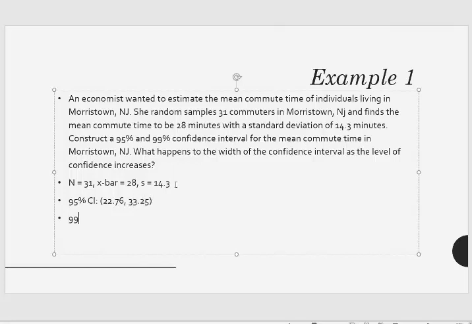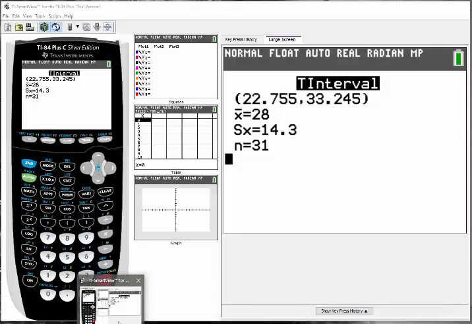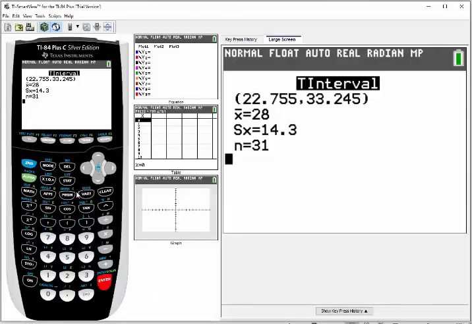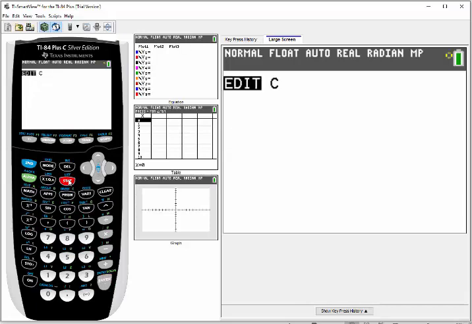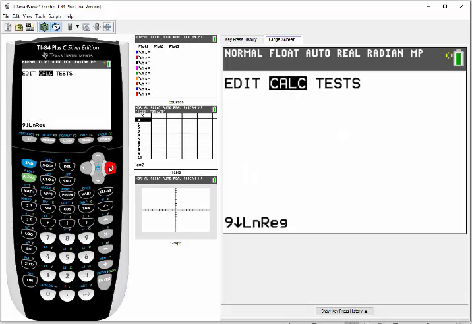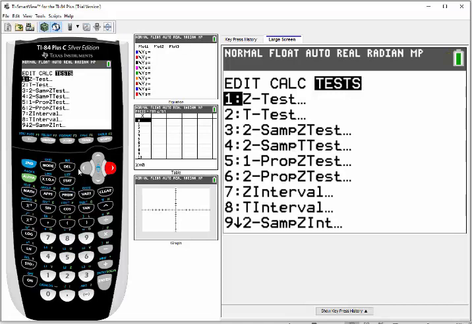Okay, now let's look at that 99% confidence interval. What you should see here is as you increase the level of confidence, the only way you can be more confident is you have to increase the width of the interval as well. So let's do that. I'm going to go back to my calculator, hit the stat button again, go over to tests, and again it is number 8.